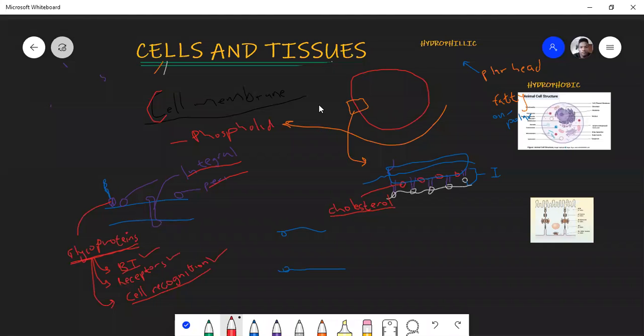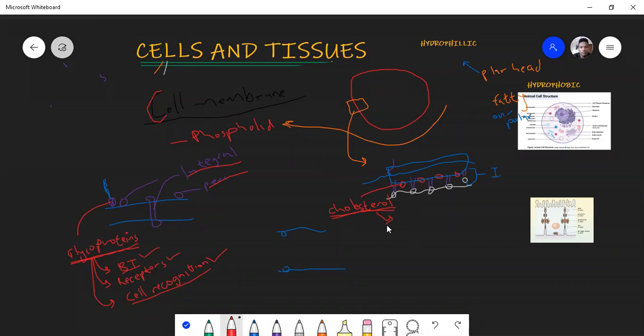And then this cholesterol in between the fatty acids, what it does is that it stabilizes the membrane and it keeps it flexible. They'll ask you this one again, I can assure you. I'll repeat.